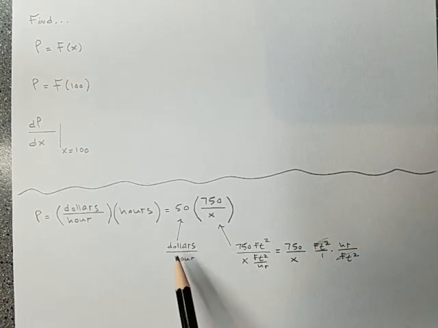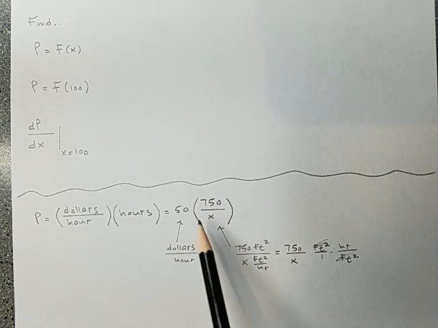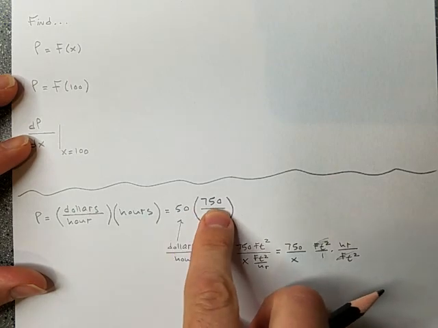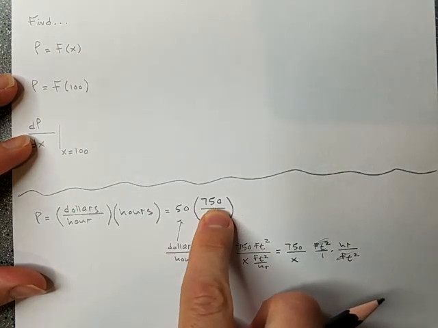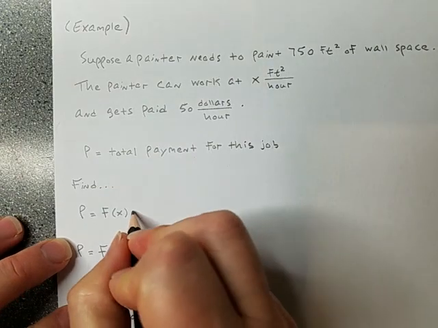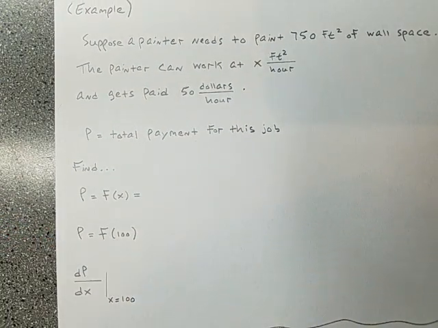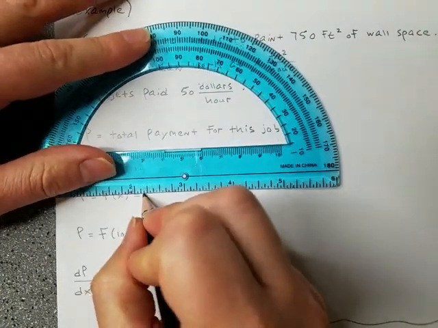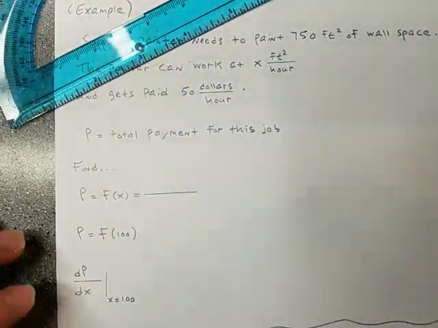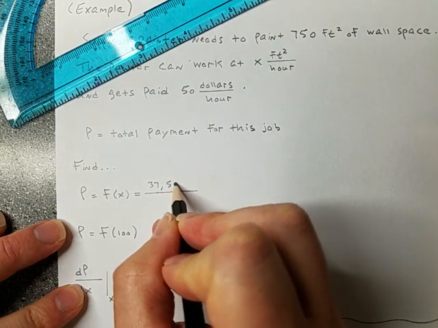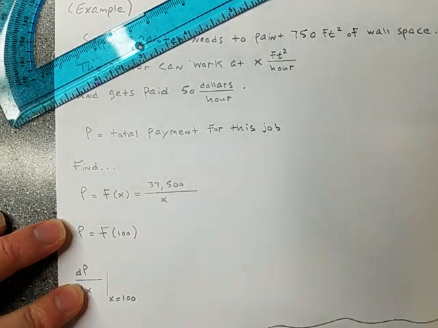So that's $50 per hour, and that's the number of hours that you'll be working. Okay. So if you multiply 50 times 750, then you'll get 37,500. So here we go. P, the total payment of the job as a function of X, the speed at which you work, is going to be 37,500 divided by X.